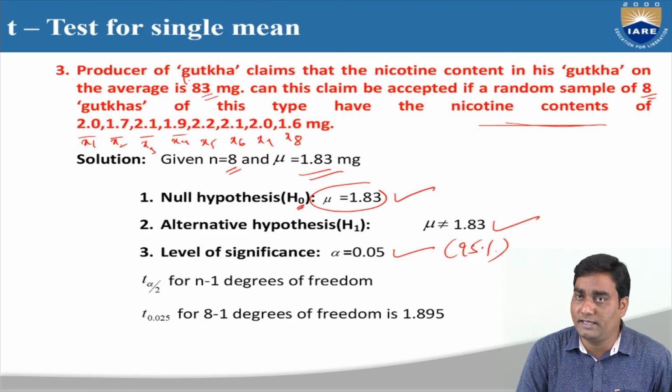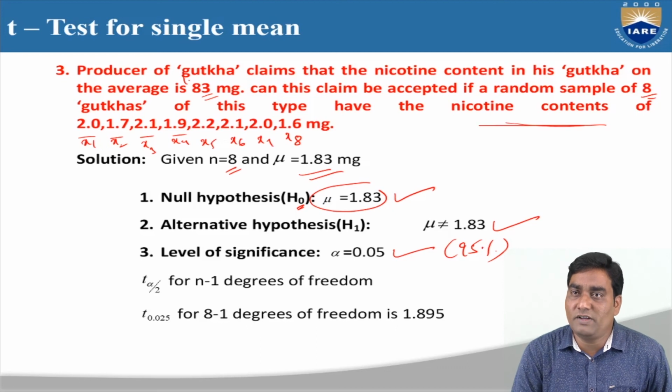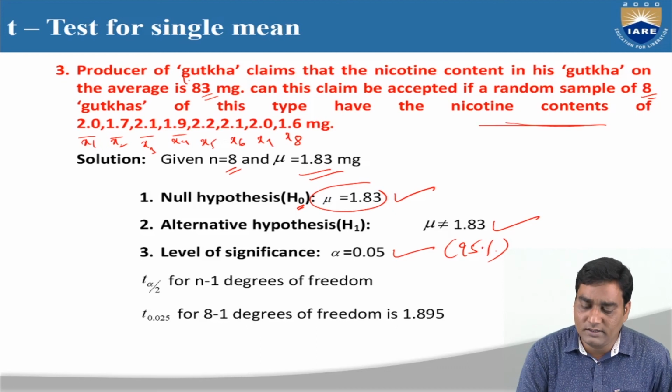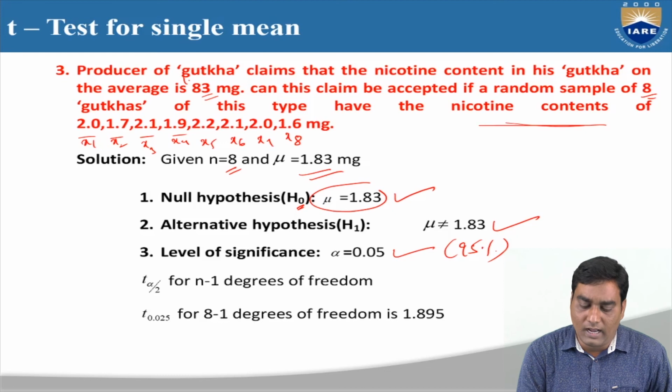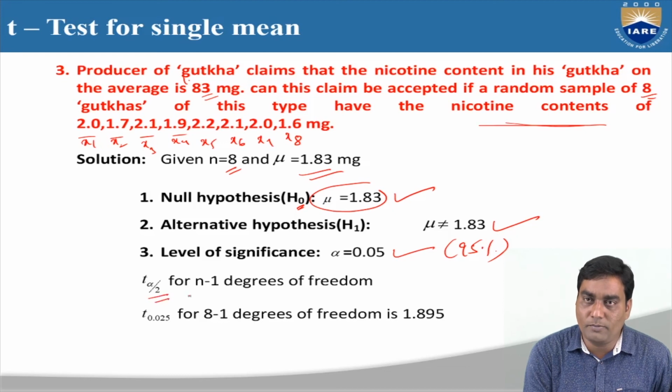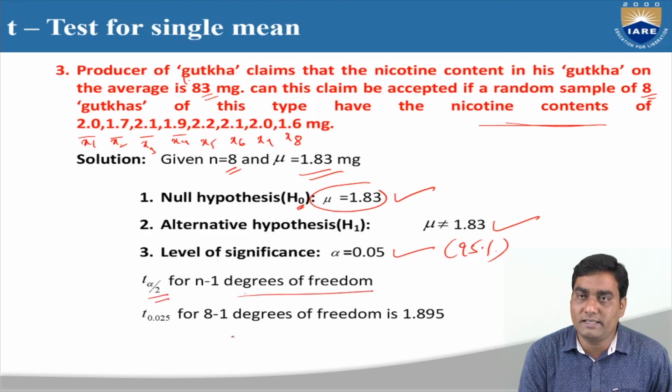If it is 95% confidence level, alpha is 0.05, and we require t alpha by 2 at n minus 1 degrees of freedom. That means t 0.025 at 7 degrees of freedom, where n equal to 8.